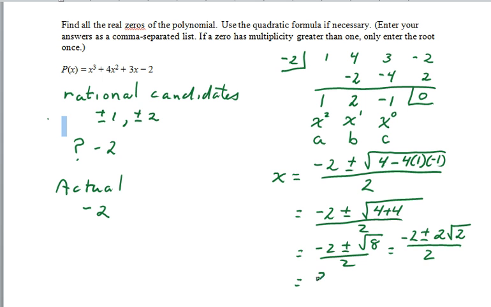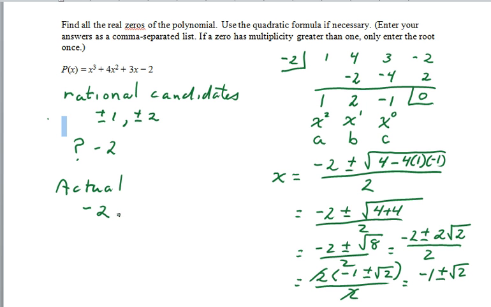So we can factor out a 2 in the numerator to get -1 plus or minus square root 2 all over 2. The 2's cancel. So we're getting the irrational zeros -1 plus or minus the square root of 2.